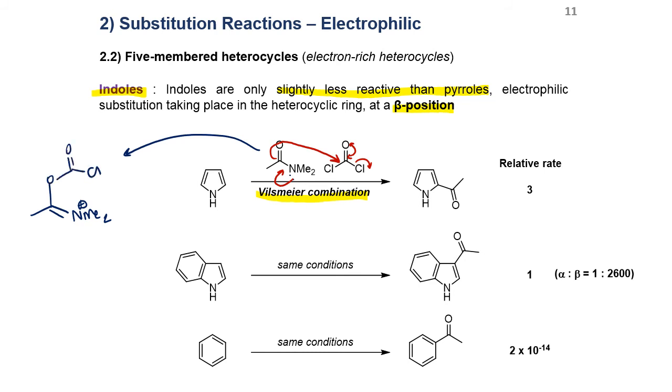Now this part is a leaving group, so your chloride can attack here, kicking electrons to here and kicking out this group, removing carbon dioxide as a gas, driving the reaction.